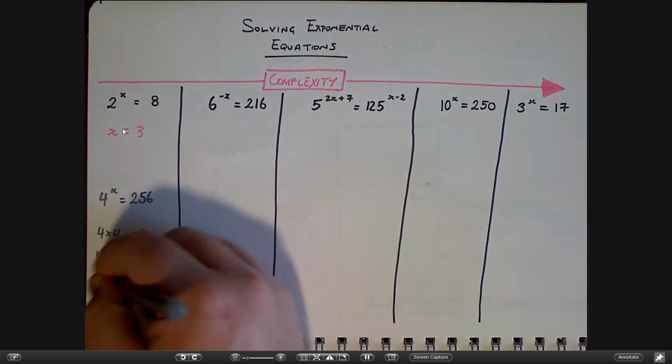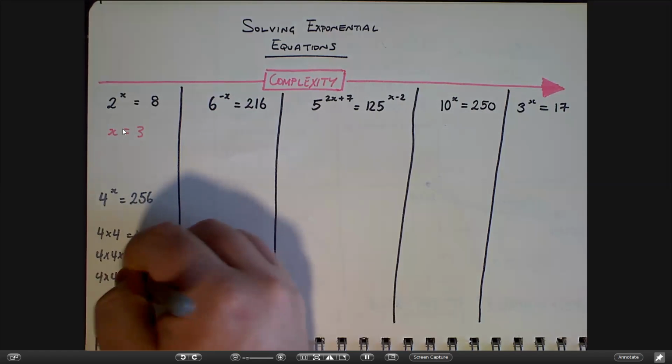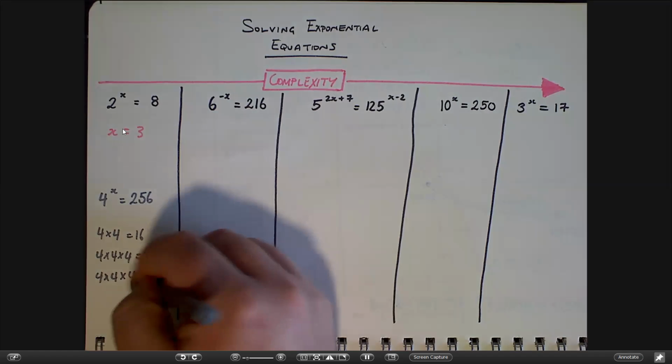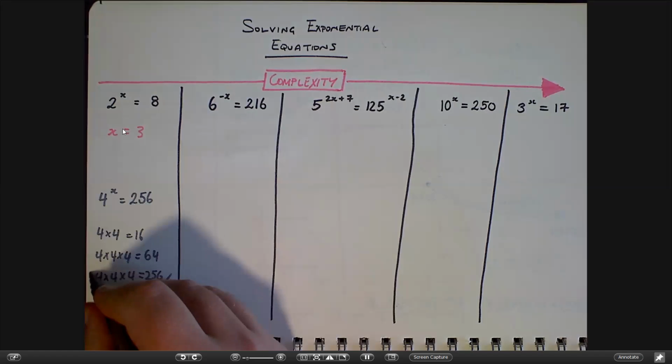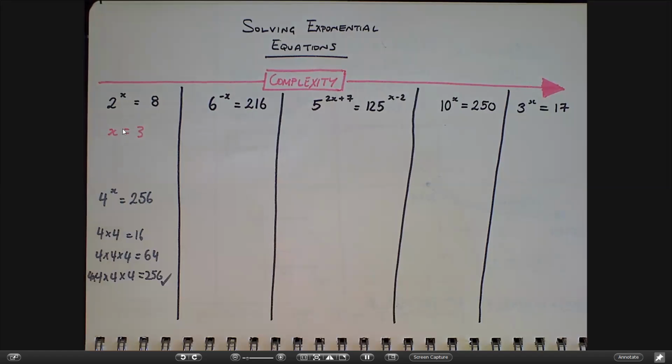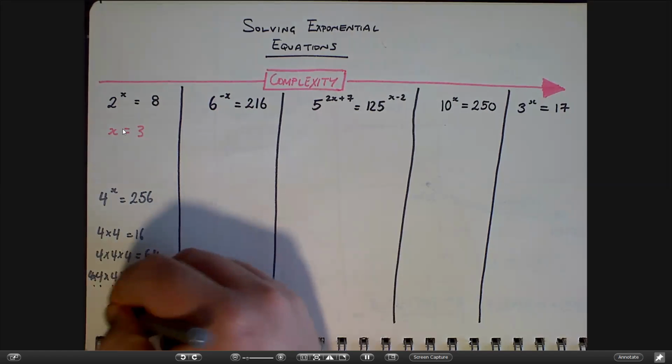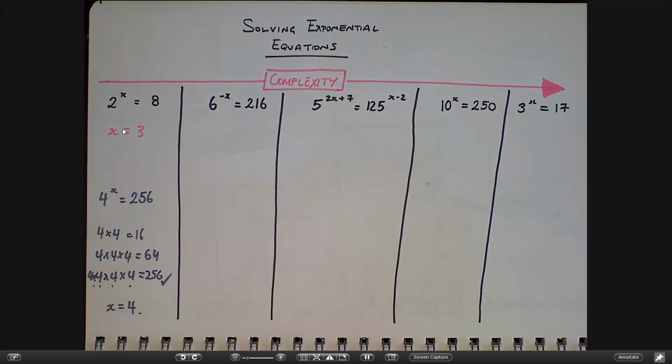And 64 times 4, oh, that's 256, yay. So how many times did I have to multiply 4 by itself? 1, 2, 3, 4. So x must be 4. Okay, so those sorts of ones are pretty straightforward. If you suspect it might just be a power of that same base, then you're golden.